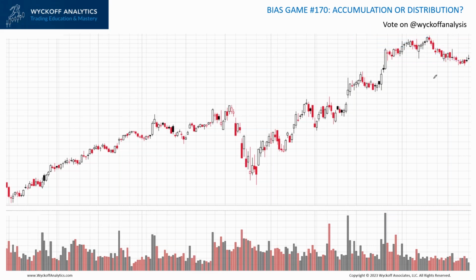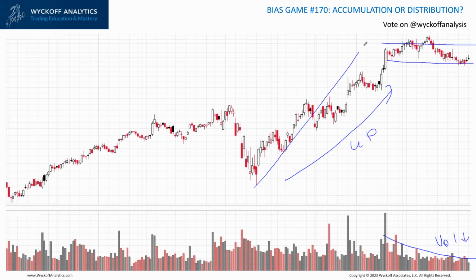However you're thinking about it, what do you think about the volume decline with the background, which is up? What do you think about the retracement after the rally into the buying climax? What are you thinking about the downward spread relative to this downward spread here? What are your thoughts, guys?